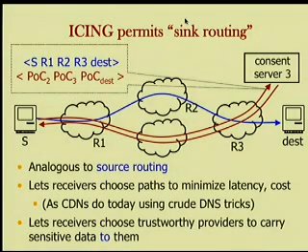This would have at least two advantages. One is that today people use content distribution networks and crude DNS tricks to minimize latency from when a client makes a request of a server. The server essentially outsources to the content distribution network and to DNS the job of doing a form of routing to minimize latency and cost.